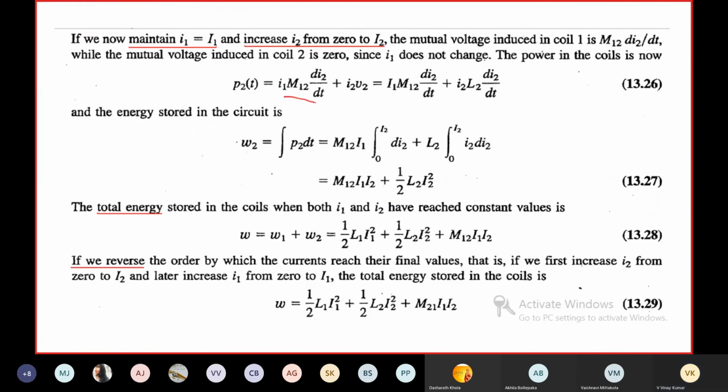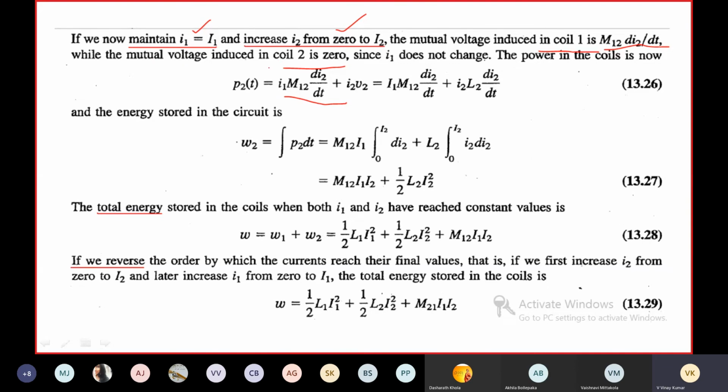So here, coming to P2, let I1 be constant, I1 is equal to I1, and increase I2 from 0 to I2. The mutual induced EMF in coil 1 is M12 dI2 by dt. Why is the mutual induced EMF in coil 2 zero? Because I1 is constant.